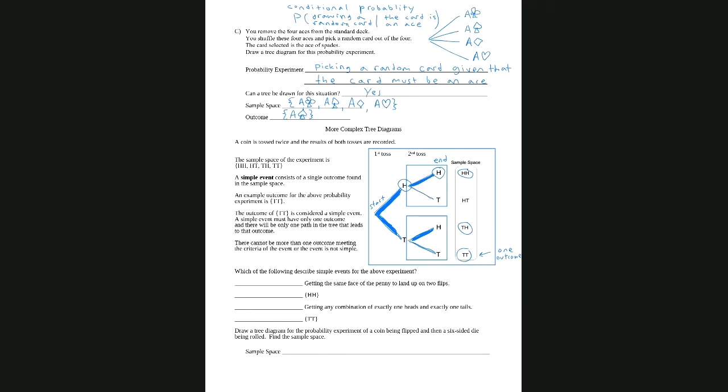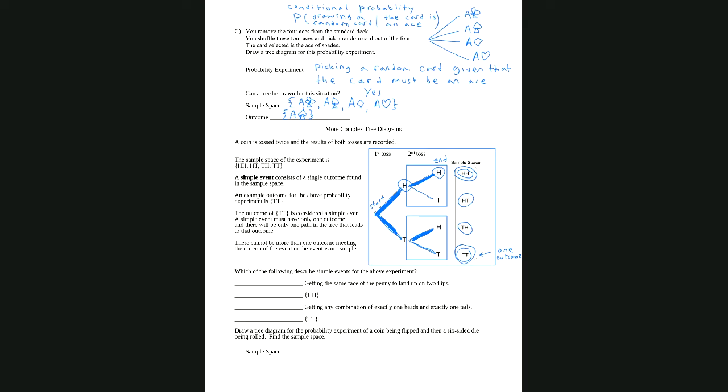There's no others like it in the sample space. Now, what about getting the same face of the penny to land up on 2 flips? Well, there's 2 ways to do that. You could have it land heads and heads, or tails and tails.